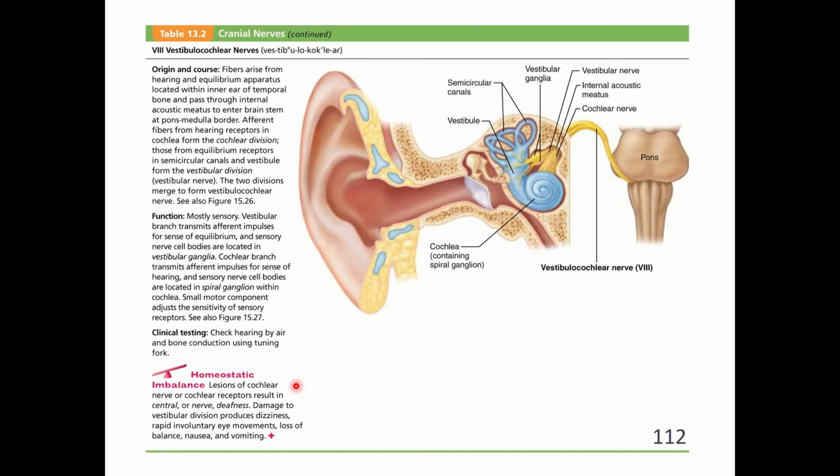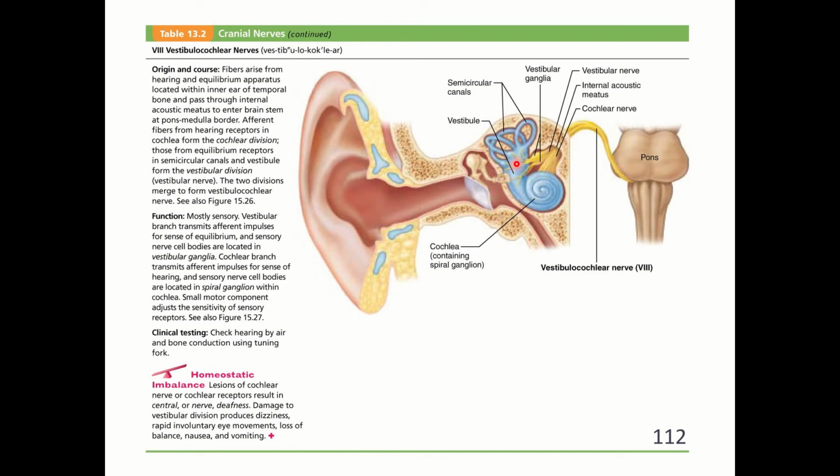In a homeostatic imbalance, lesions of the cochlear nerve or cochlear receptors result in central or nerve deafness. Damage to the vestibular division produces dizziness, rapid involuntary eye movements, loss of balance, nausea, and vomiting. This is known as vertigo.